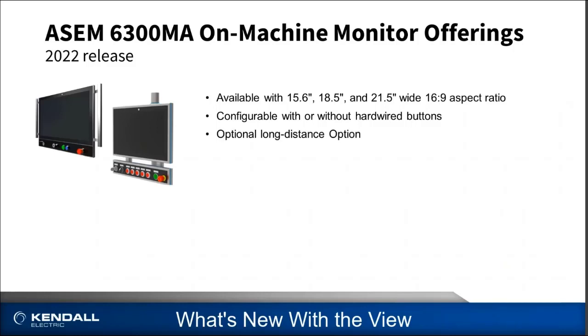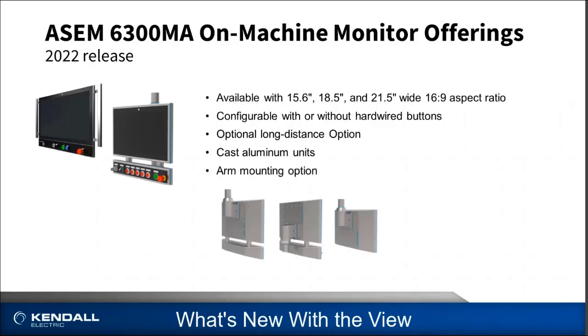These come with an optional long distance option, and these are cast aluminum units which feature powder coating with anti-scratch treatment, combining robustness with ergonomics and aesthetics. There's a variety of arm mounting options available from the top, the bottom, or even VESA mount.